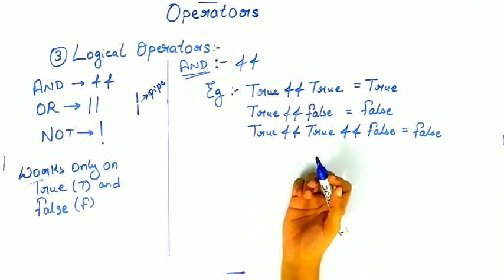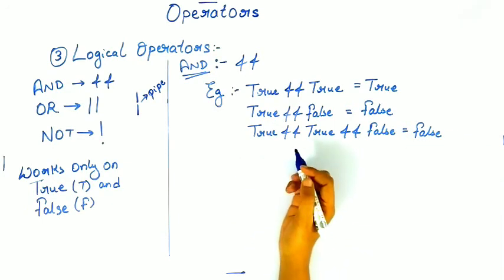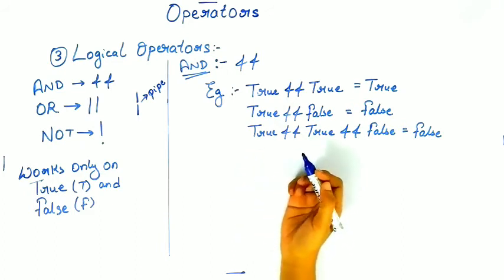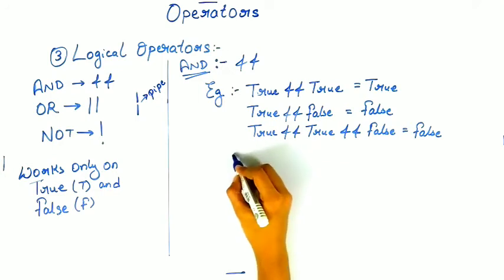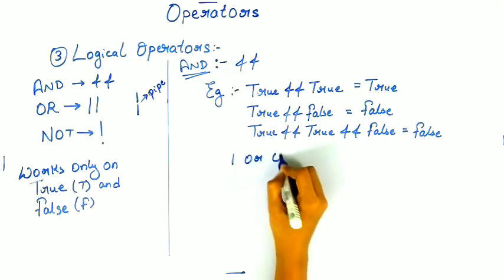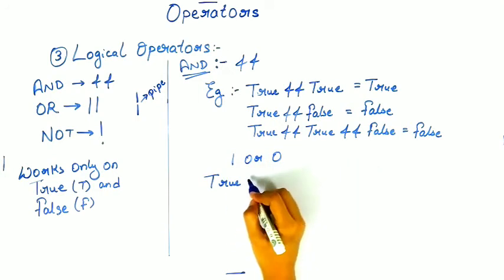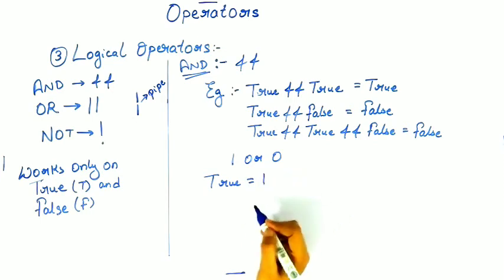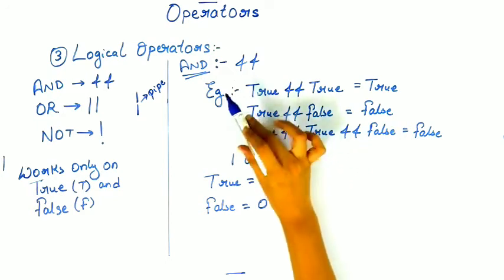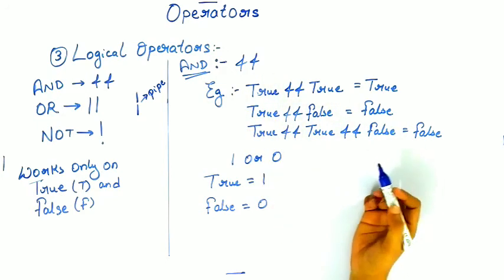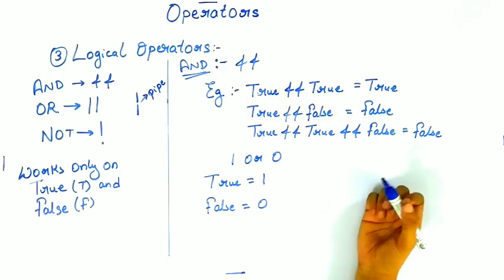Since we all know our computer systems or any other operating systems work only on bits, that is either 1 or 0, and this true value is the 1 and the false value is 0. This AND operator works similar to the multiplication operator.